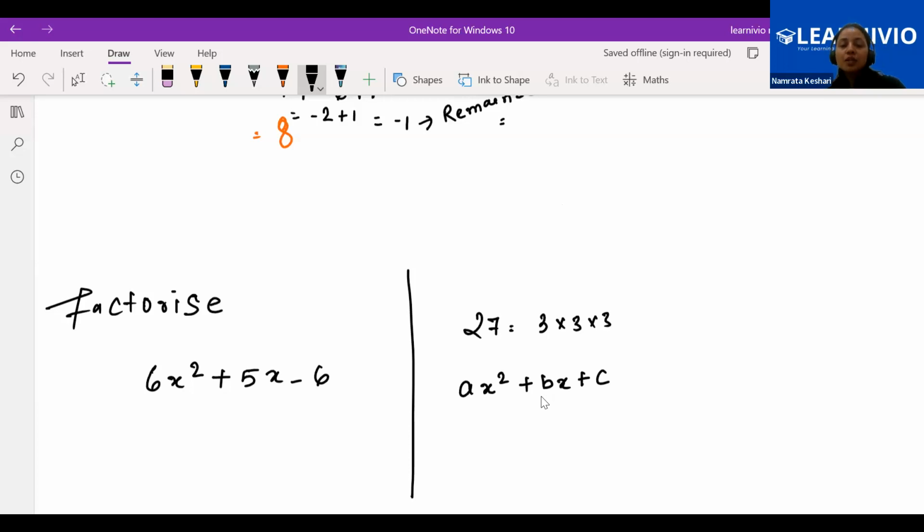Now can you tell me, Ayan and Farhan, what is a, what is b, and what is c? A is 6 and B is 5 and C is minus 6.